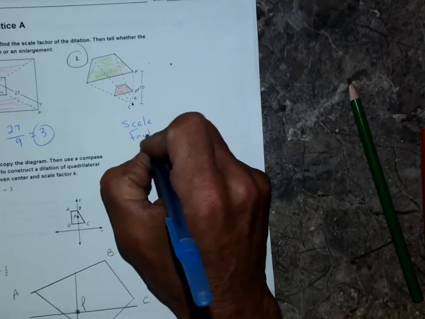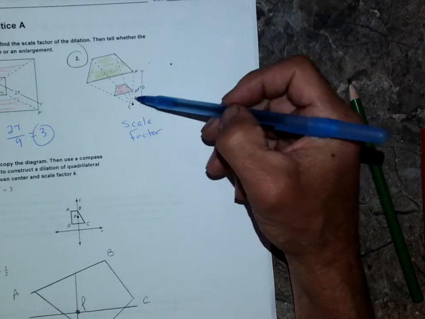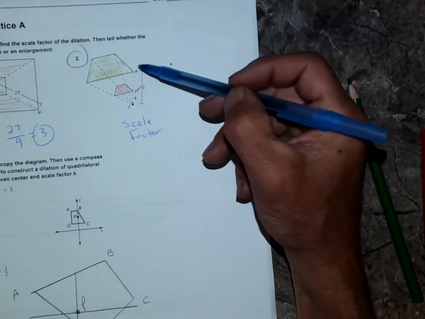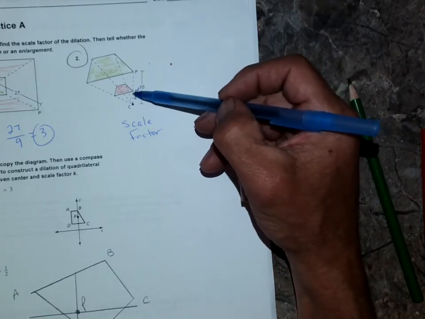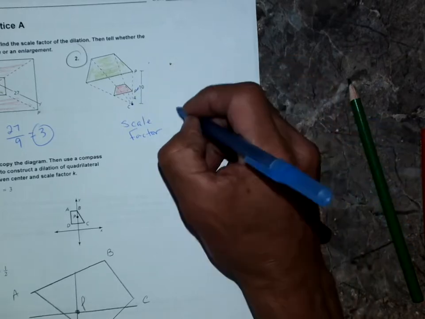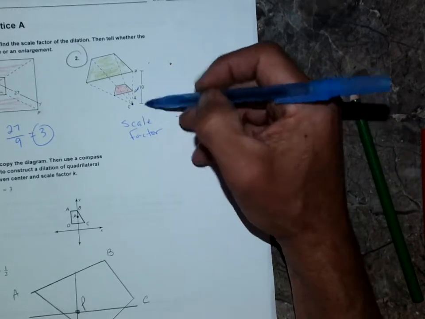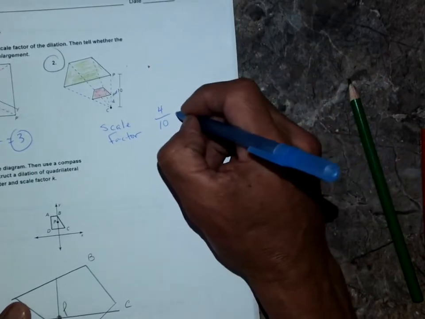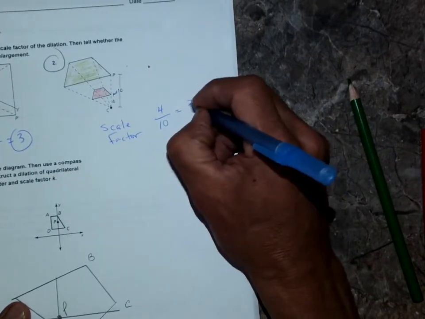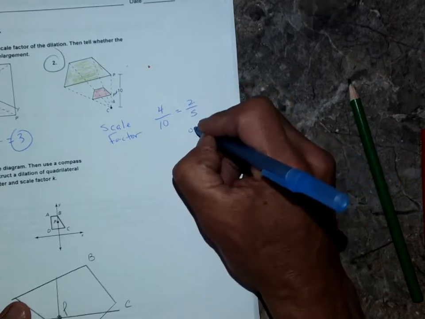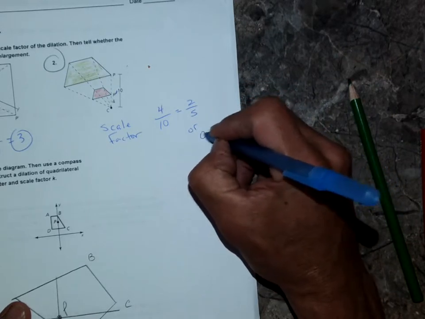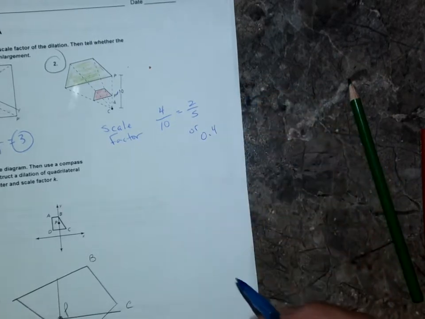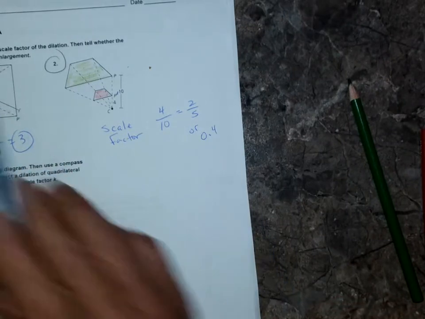We went from 10 to 4. Remember, it's the new length, that's my 4, over the original, which is 10. If I reduce that, it's 2/5, or we can even call it a factor of 0.4. So it shrunk, so it's a reduction.